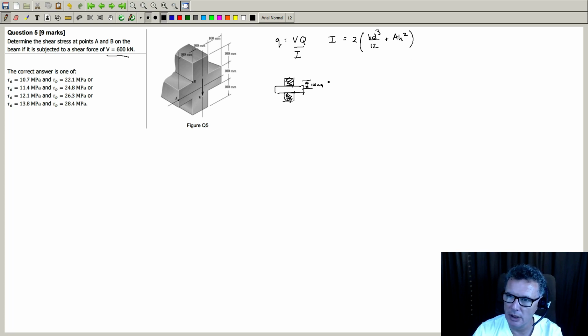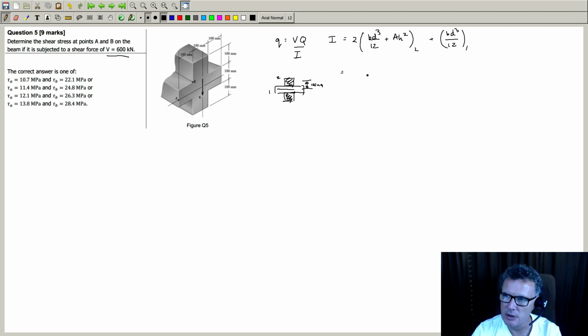And that's for my, I'll call this section 2, section 1. So that's for my section 2. And then I'm just going to have, because this is going to go through the neutral axis, BD to the power 3 over 12 for my section 1.